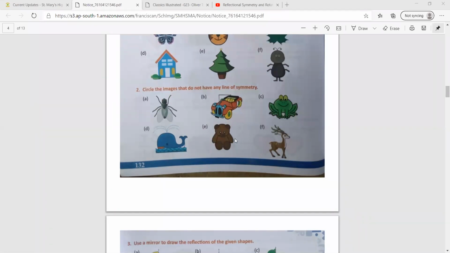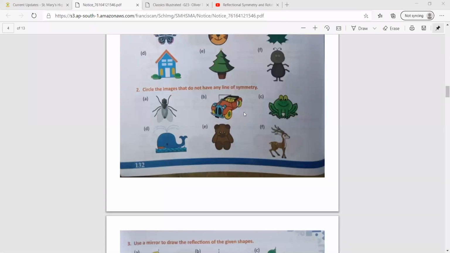Let me give you an example. Say for example, this fly. If I put a vertical line over here, I will get two identical images on both the sides. Therefore, this is a symmetrical figure. But if I look at this car, even if I draw a line like that or a line like this, I will not get a symmetrical figure.